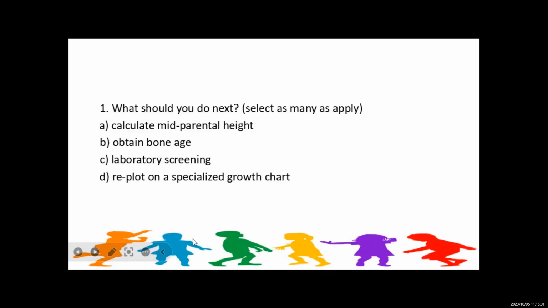And for that, well, you've actually covered most of them, though there is really no need to have a specialized growth chart, especially due to what we are already thinking might be the issue. What do you think might likely be the diagnosis? Genetic disorder.